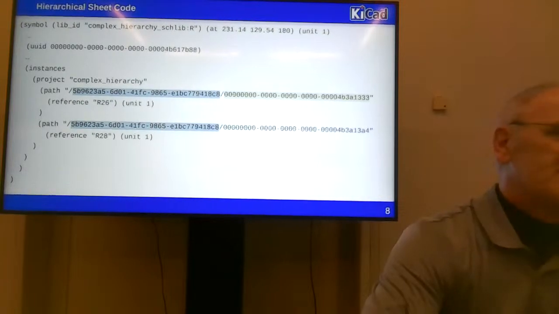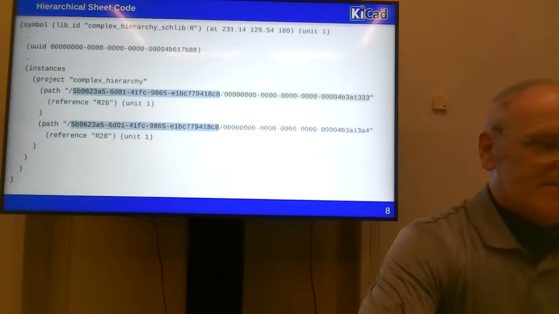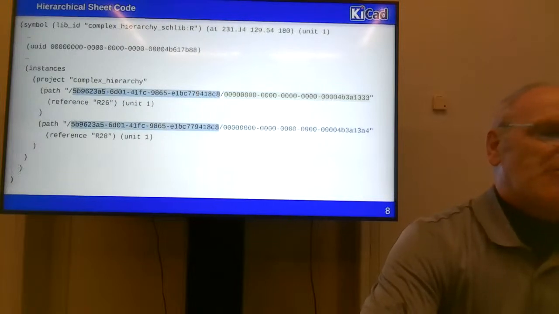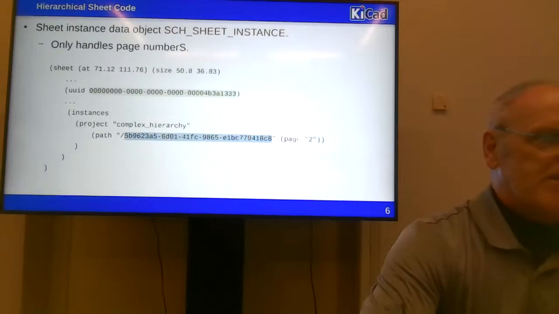And if you notice, now we have two sheet paths. The first one is root, okay? And then the next one, now I didn't show both paths, but if you go back and look at the previous one, you'll notice that the UUID for the path is 4B3A1333.